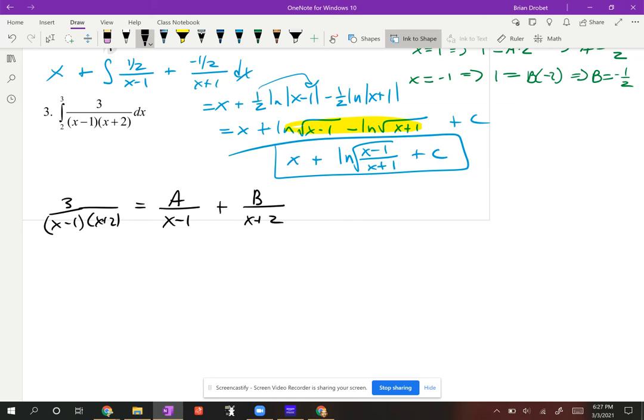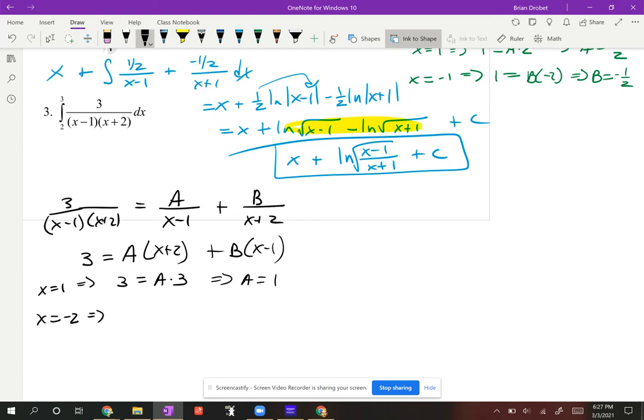So I'm going to multiply through by that common denominator of x minus 1, x plus 2. 3 is a times x plus 2 plus b times x minus 1. All right, let's let x equal 1. That will say 3 is a times 3, or a is 1. And then if I let x equal negative 2 to cancel out this term, I'm going to have 3 is b times negative 3, or b is negative 1.